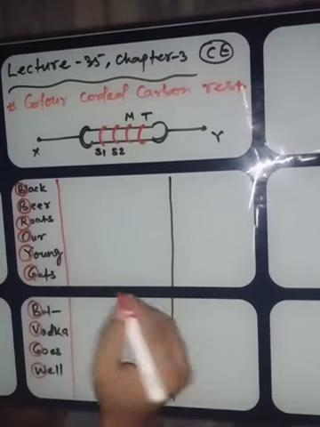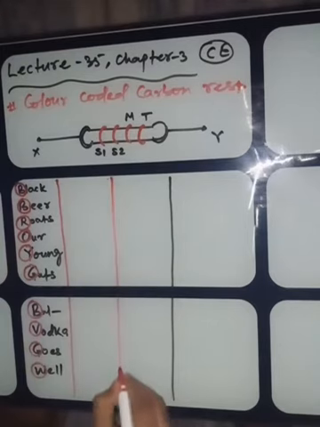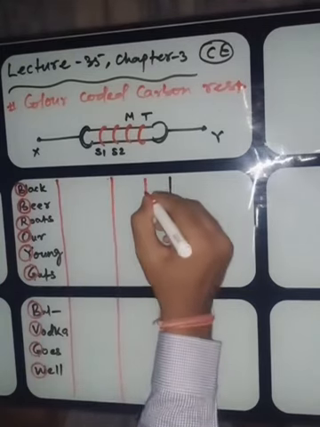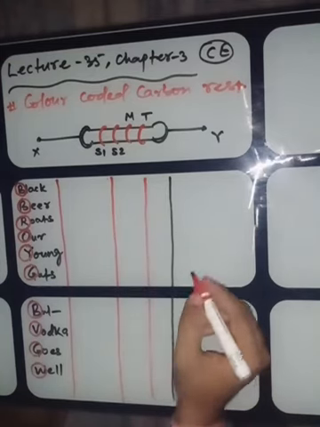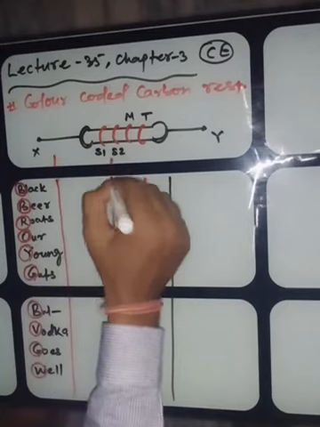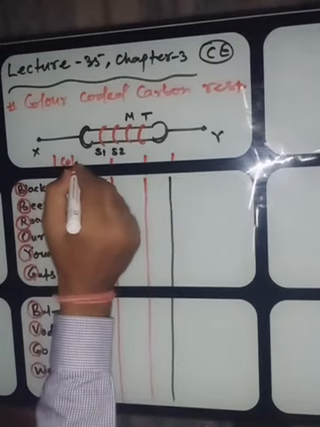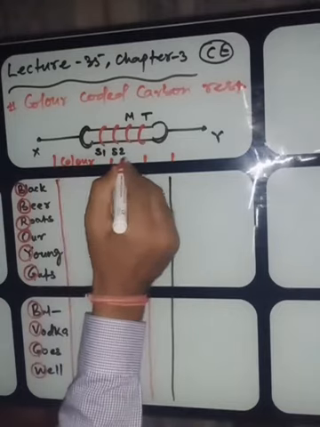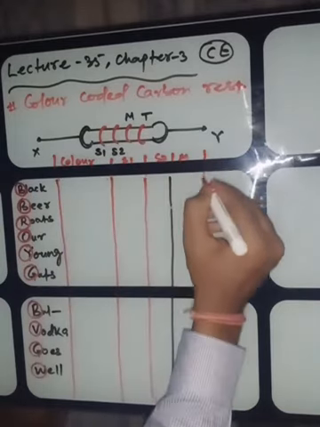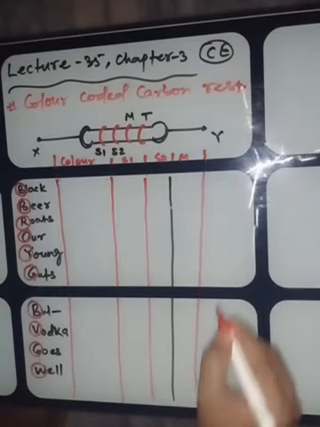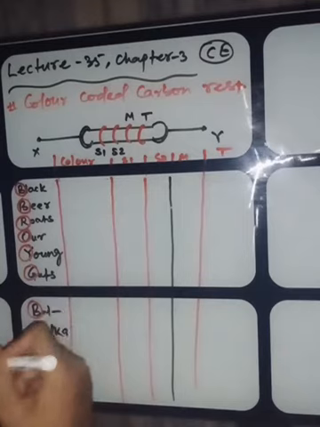Here I will give you the color, and then in these two lines the significant figures S1, S2. Here the color, here the S1, S2, here the multiplier, and the last one will be the tolerance. That will be another 3 different colors.